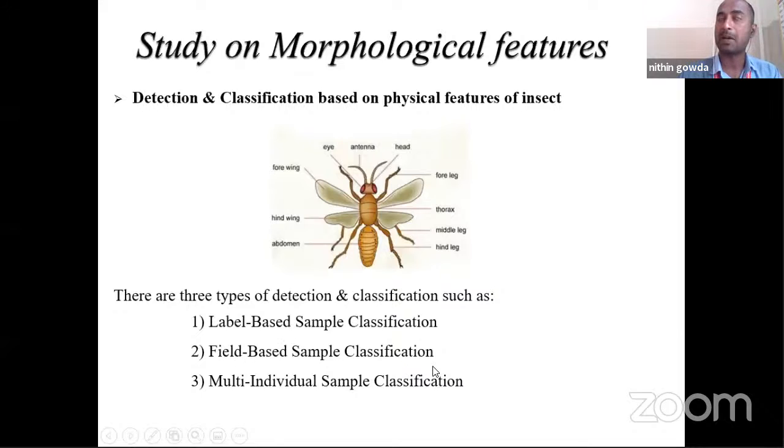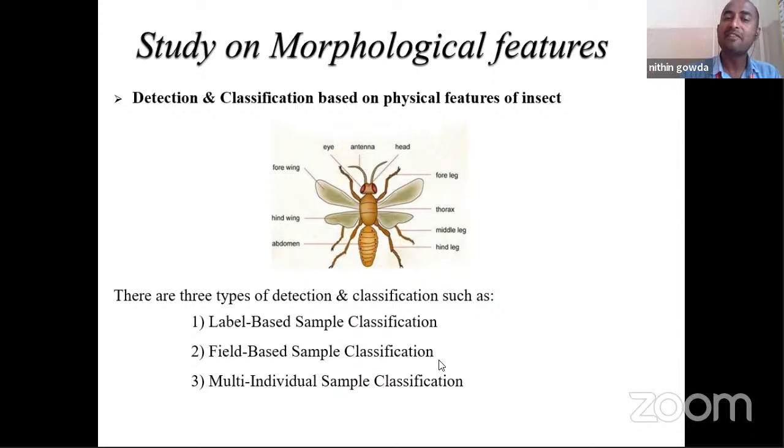Second is field-based sample classification. If you implement your device in the field, where you will come across a wide variety of insects, such classification is called field-based classification. Third is multi-individual sample classification. My device should be such that even if I place around 15 different insects together, it should classify them.